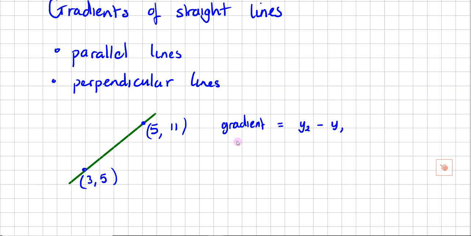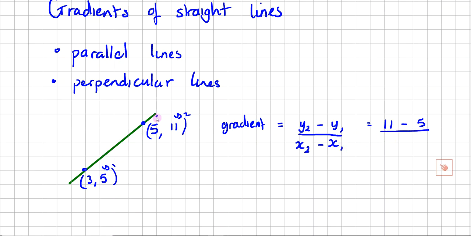So y2 would be this one, y1 would be this one. So we've got 11 subtract 5, and that's divided by x2 minus x1.